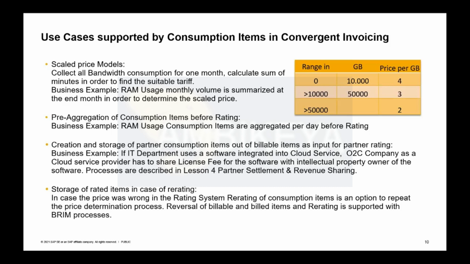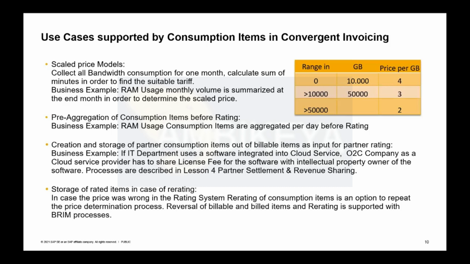Additionally, it's reasonable to use consumption items before rating for pre-aggregation. For example, if you have a lot of consumptions, but you have the possibility to aggregate them per day, then it's reasonable to aggregate them, and we would use the consumption item modeling as a pre-aggregation functionality here.